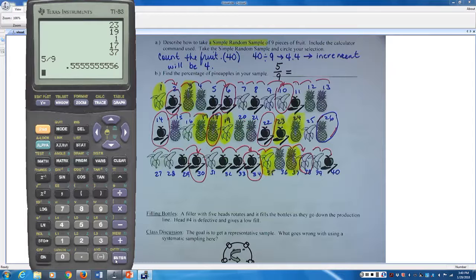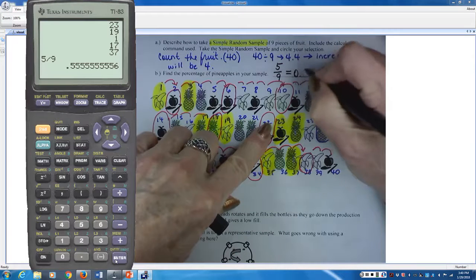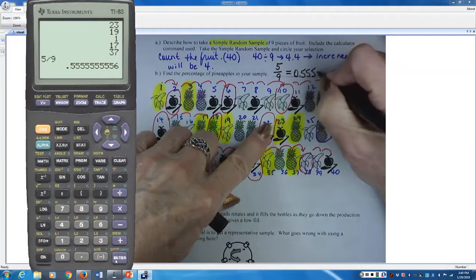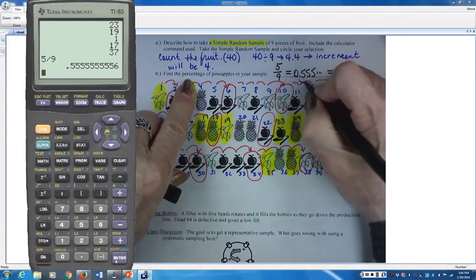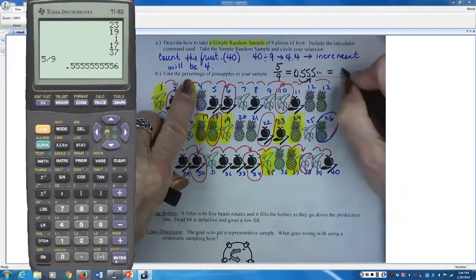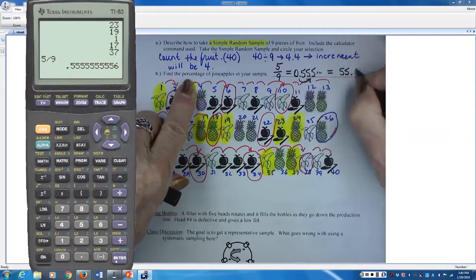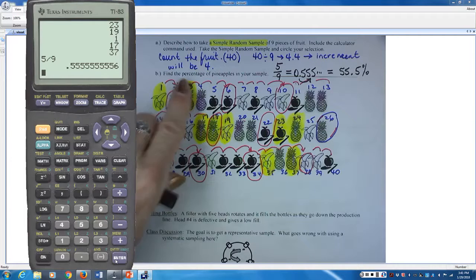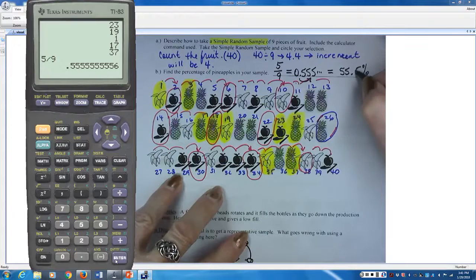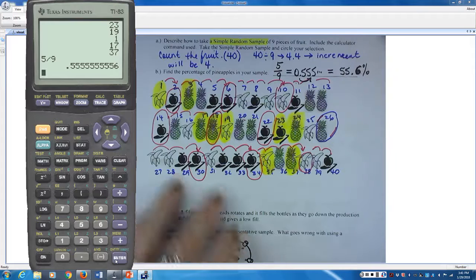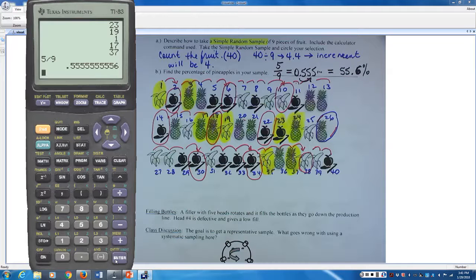So that's 0.555. And it says what percentage, so I need to move that decimal 2 places to the right. And that's 55.5% or 55.6% if you round correctly. Okay?